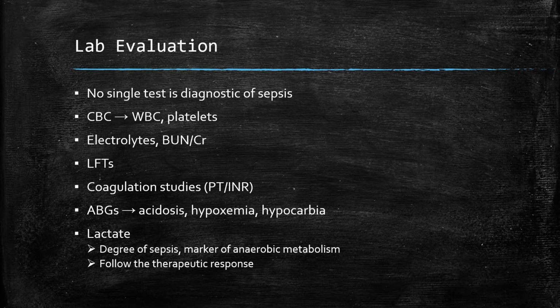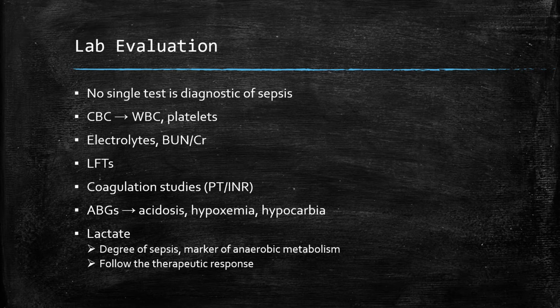A blood gas analysis provides evidence for the degree of acidosis as well as the status of the respiratory system. The typical patient with sepsis is hypoxic and hypocarbic. The decreased CO2 is generally in response to the acidosis.